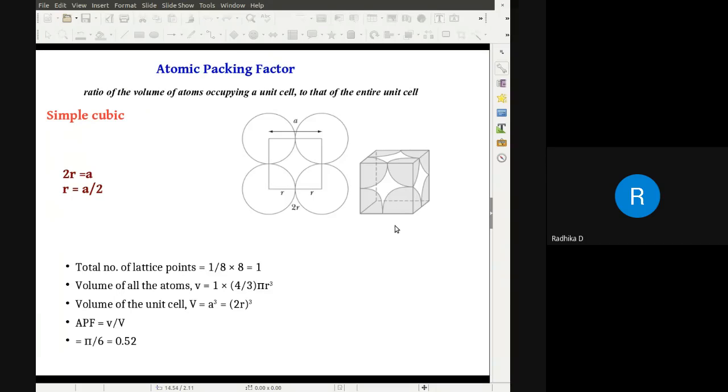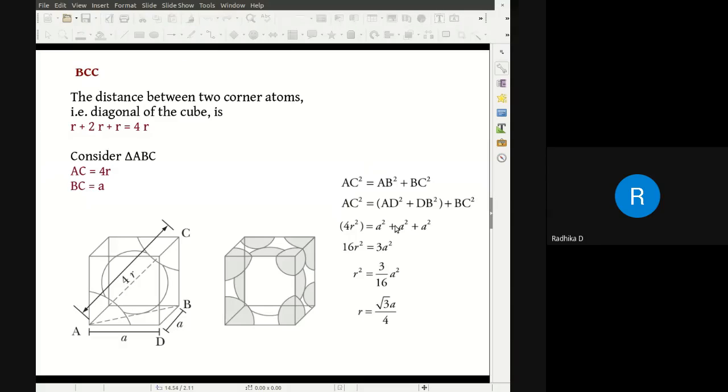But in the case of BCC, it's not that easy because there is an atom at the center of the cube. In 3 dimensions, you had 1 by 8 of each sphere at each of the 8 corners, but there is a full body centered atom at the center.